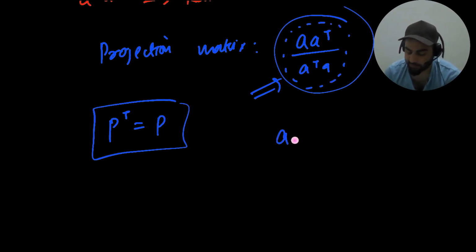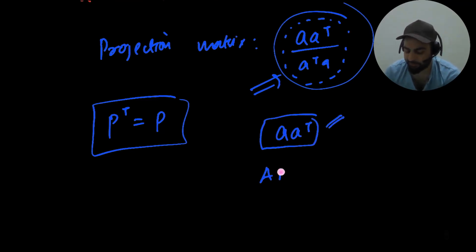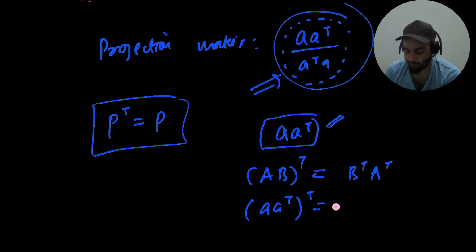A transpose is a full-fledged matrix. If you do the transpose again, you will get the same thing, because the transpose of AB is B transpose A transpose. Now we have A A transpose, whole transpose. This will be A transpose transpose, times A transpose, which is A A transpose.